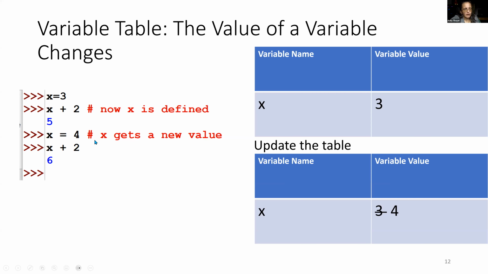Then it reports it out, and now we say x equals 4. This means we've overwritten the value of x. So you could update your variable table. So again, the only variable we've defined is x, and instead of being 3, it's now going to be equal to 4. And so we can update that variable table, and we can then see how that evolves over time.